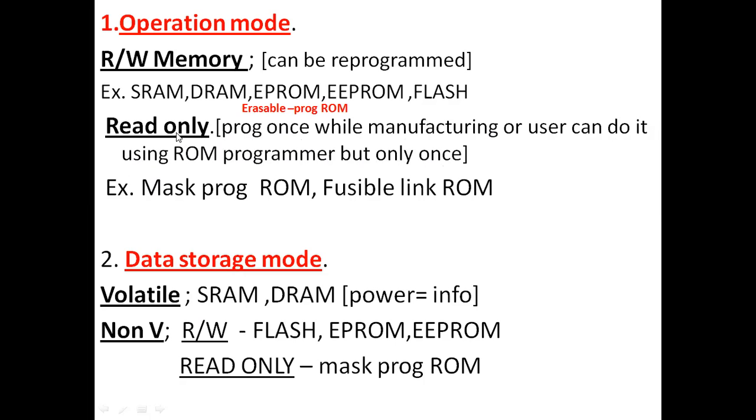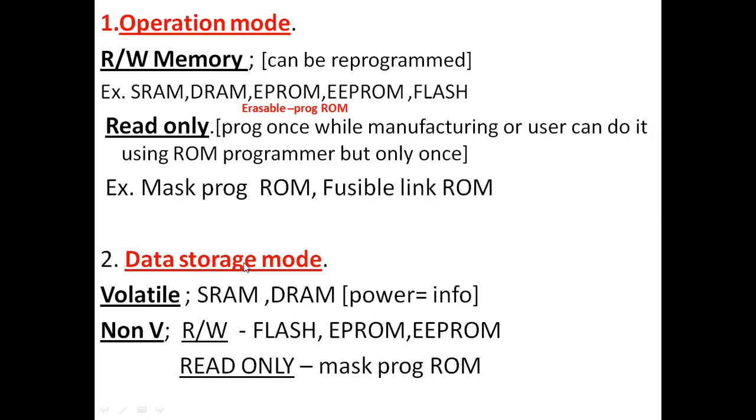Hence, we call this a read-only memory. Examples are the mask ROM, mask programmed ROM, or fusible link ROM, where the program can be done only once, either at the time of manufacturing, or I can program it using some ROM programmer.